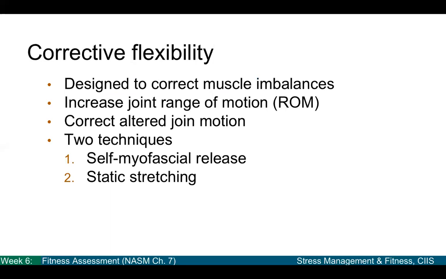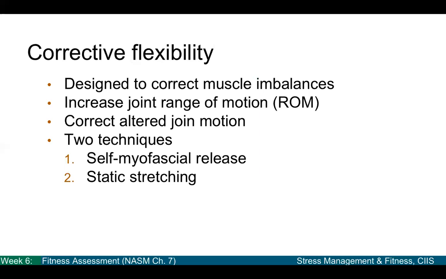The goal of this is to increase joint range of motion, also referred to as ROM. So range of motion is ROM, okay? What we want to do is correct altered joint motion. So within this corrective flexibility part of the integrated flexibility continuum, there are two techniques.